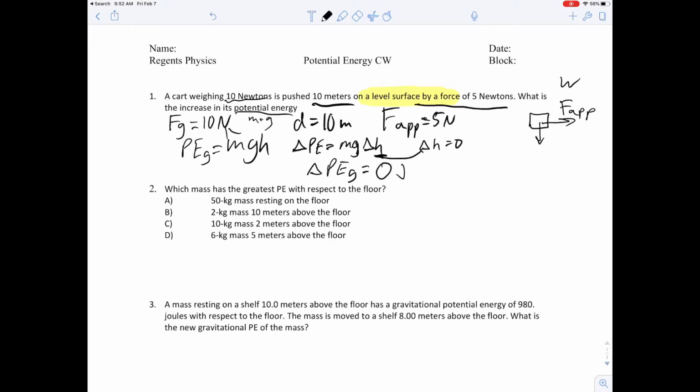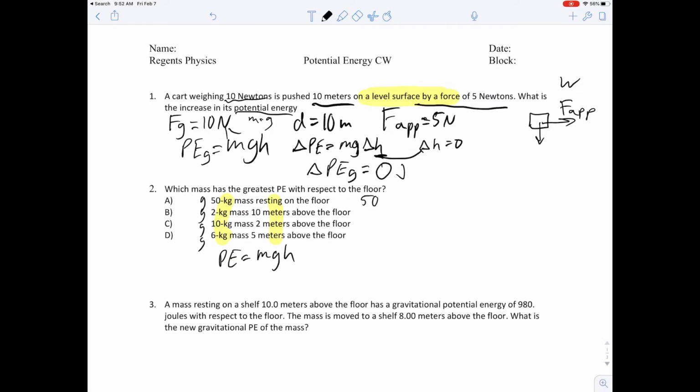So this is good practice number 2. In each of these, they're giving us the mass and the distance above the ground, so we're just going to assume all these are times g. Again, potential energy is equal to mgh.